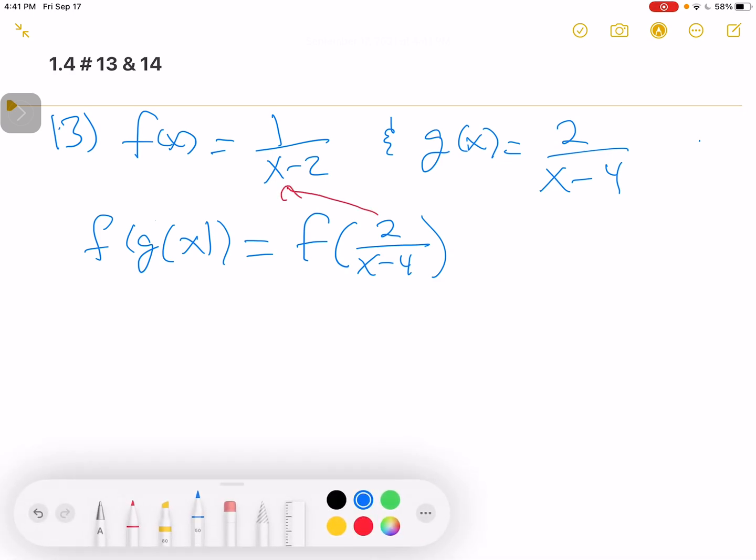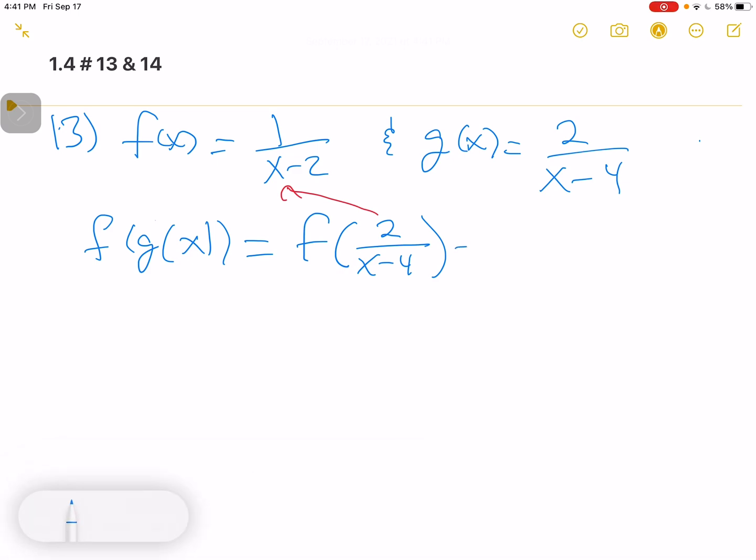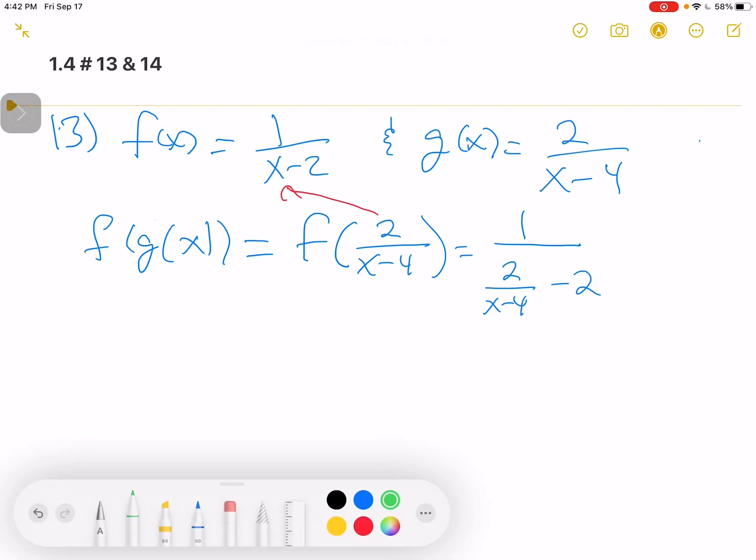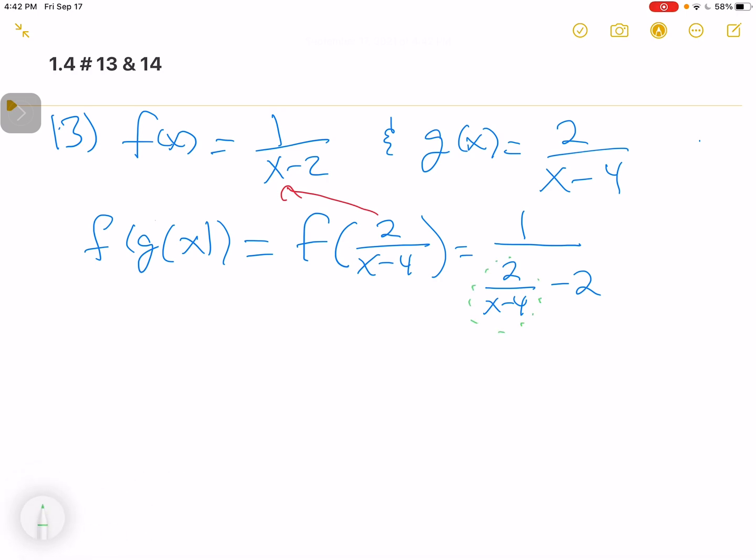And so, go back to blue. What we're going to have is 1 over, instead of x minus 2, it's this expression 2 over x minus 4 minus the 2. So I just want to point out that this part right here was our g of x, and that's in place of the x now.